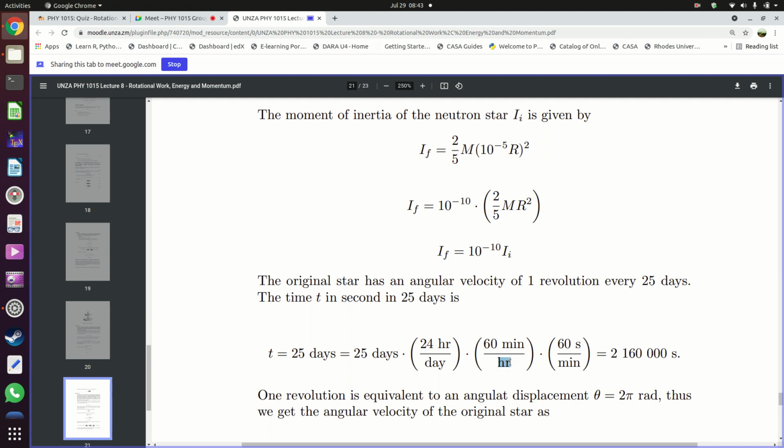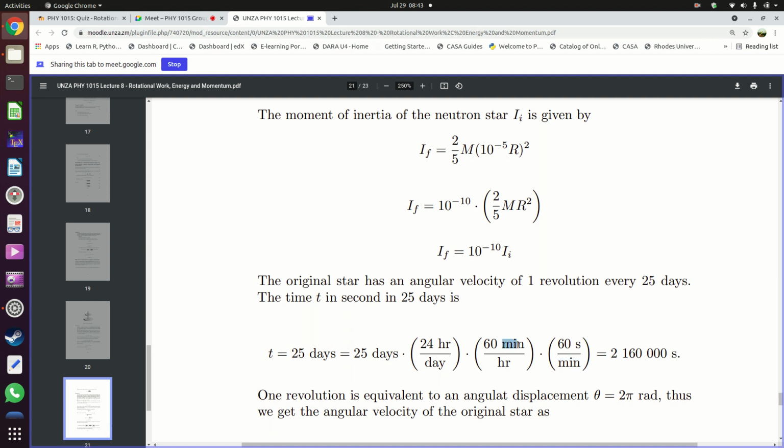So the hour cancels out this hour here. Then you have 60 multiplied by 60 seconds per minute, and the minute cancels out. So you have the day cancelling, the hour cancelling, and the minute cancelling.